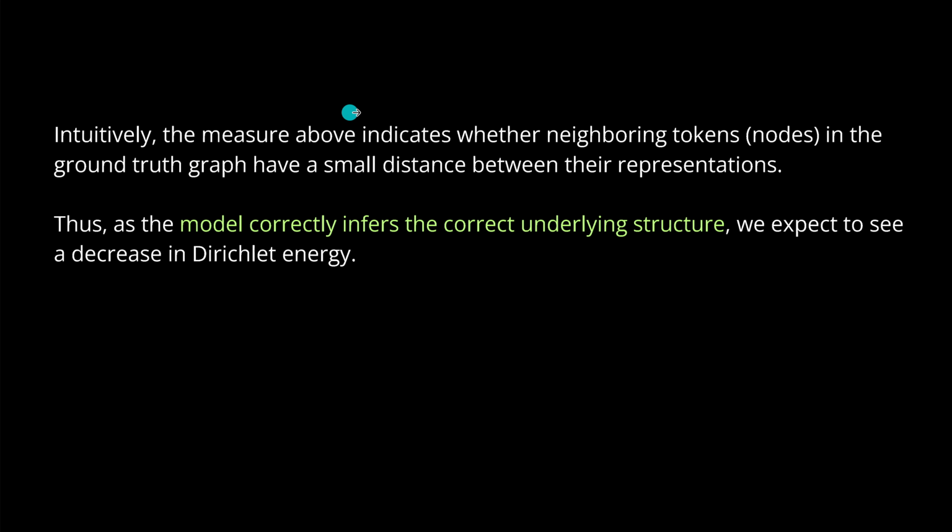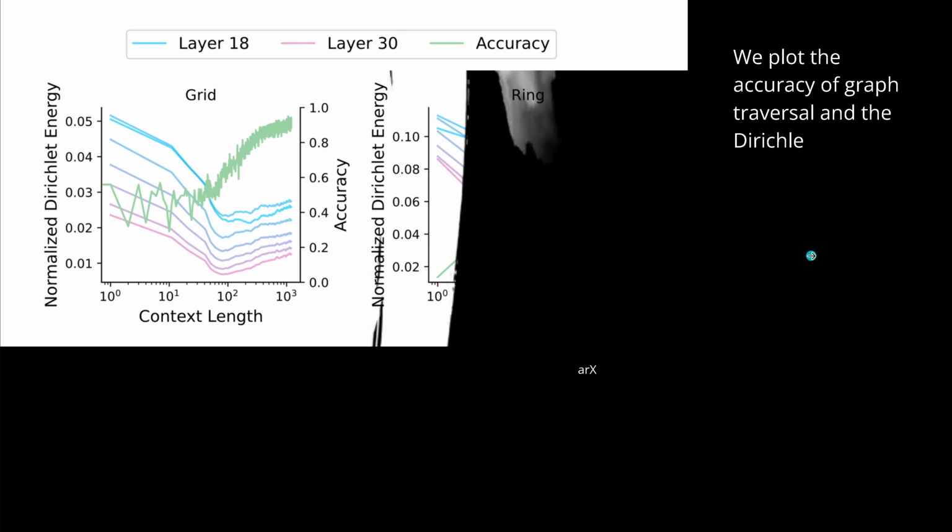The measures above indicate whether the neighboring tokens, our nodes in our graph, and the ground truth graph have a similar distance or a small distance between the representations. Thus, as our learned ICL model correctly infers the underlying structure, what we want to see in our mathematical model is a decrease in the Dirichlet energy, as I showed you. So we have a beautiful model, and we can see, does it work? Does it fit?